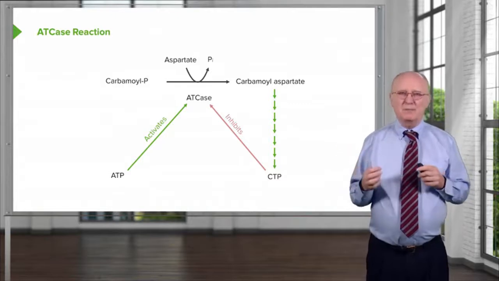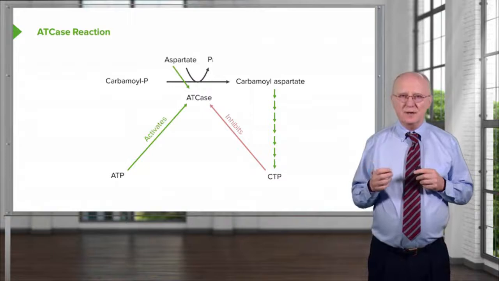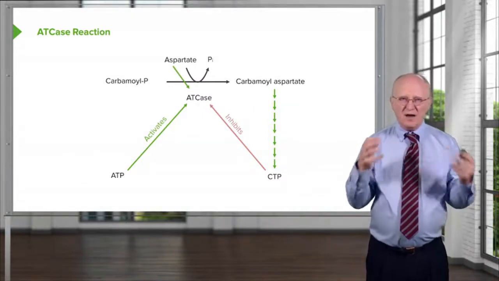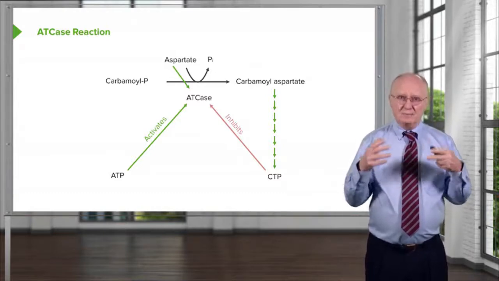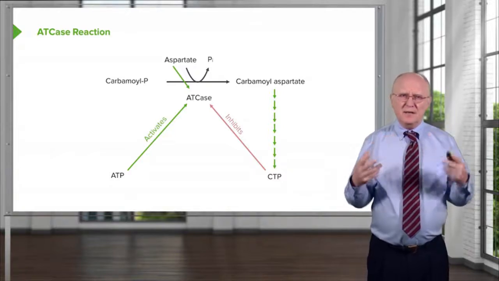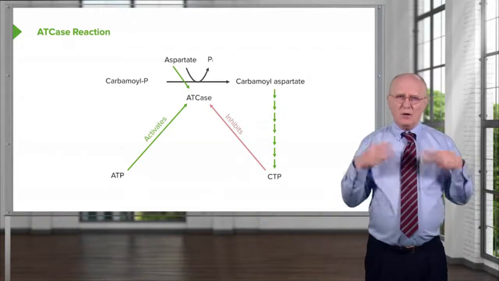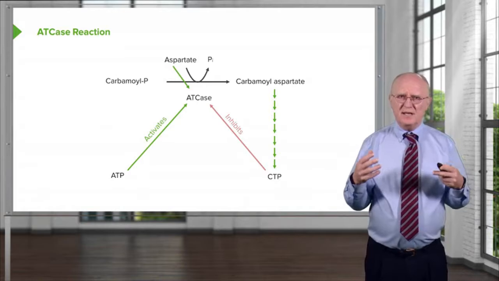Now there's a third thing that helps to balance, and it doesn't have anything to do with nucleotides, and it's aspartate that we can see right here. Aspartate is important in that overall scheme as well, but not from a nucleotide perspective. Remember that aspartate is an amino acid. If nucleotides are being made for cell division, then the cell has to have all of its materials in order. It has to have all the things that it needs.